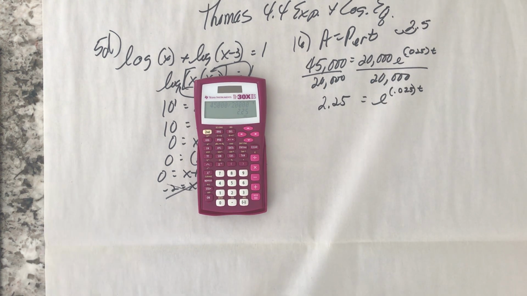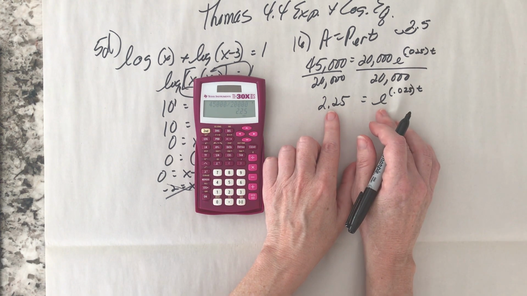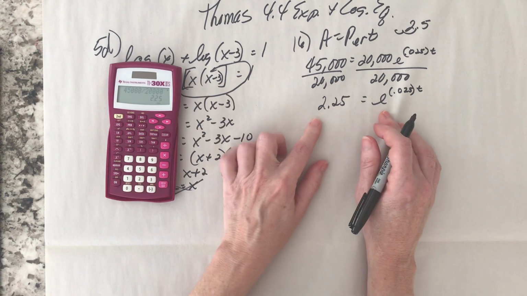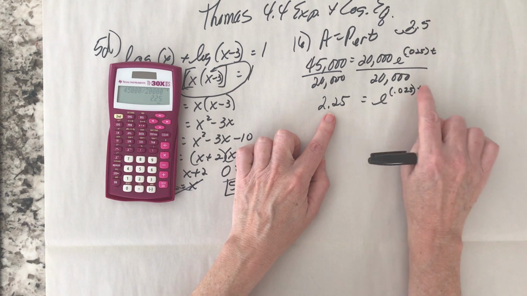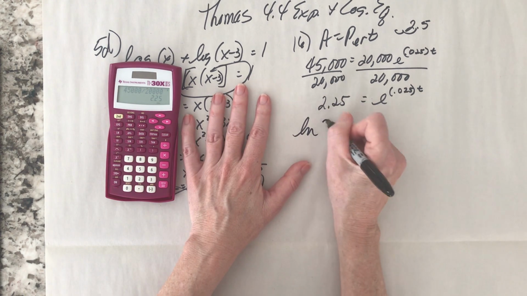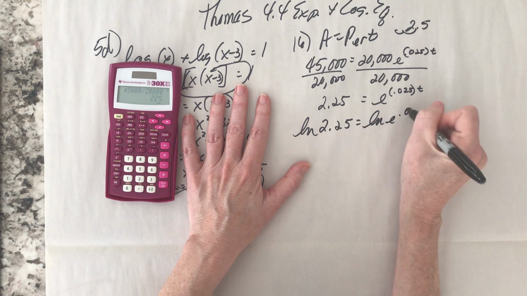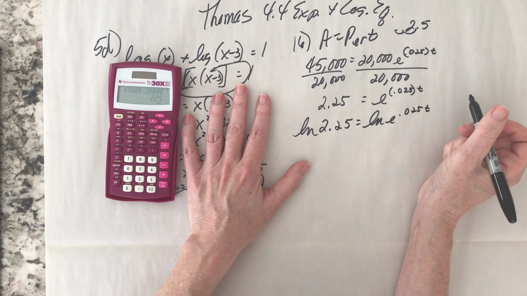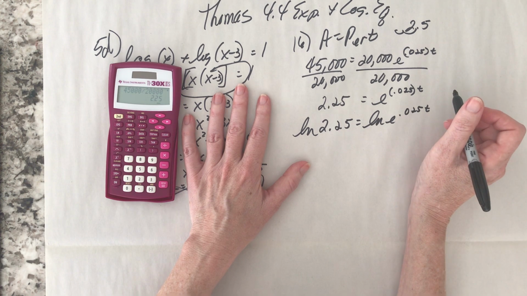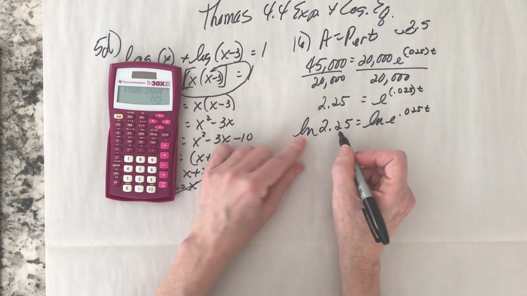What we want to do now is slap natural logs on both of these. We've got an exponential, variables in the exponent. So we're ready to slap natural logs, not common logs, because we're dealing with e. Natural log of e to the 0.025t. Okay, we're still working on getting t by itself. Let's take care of this piece.